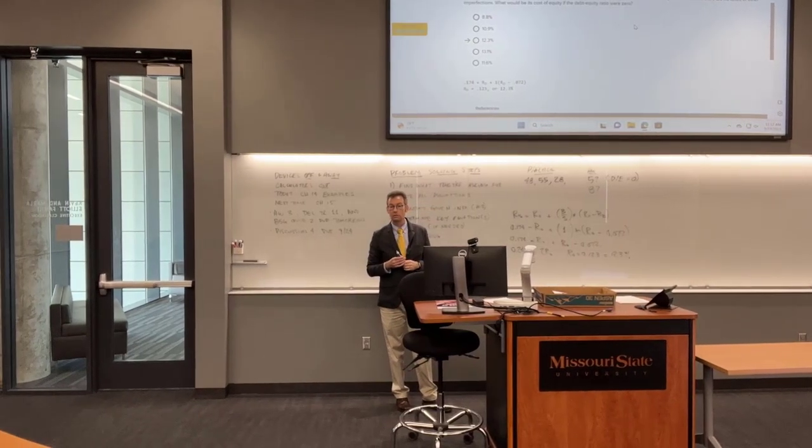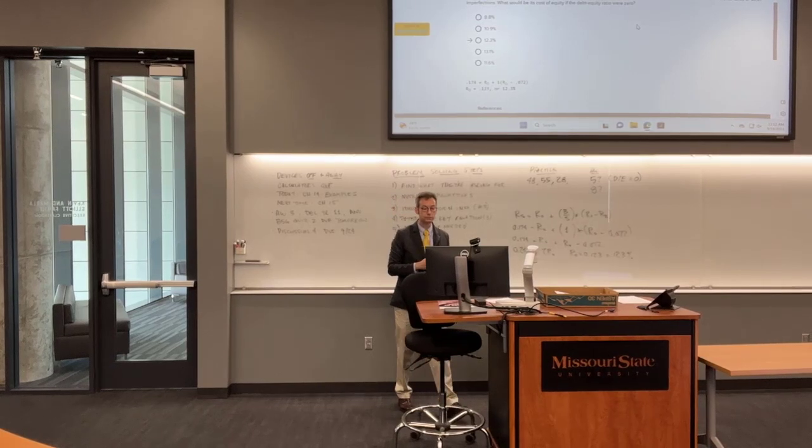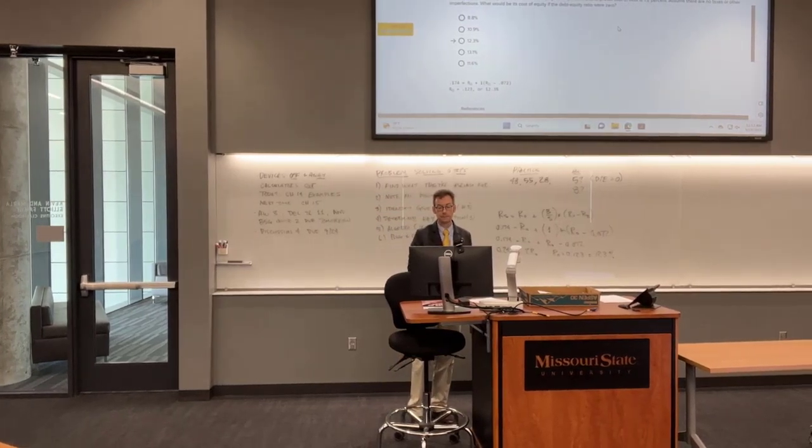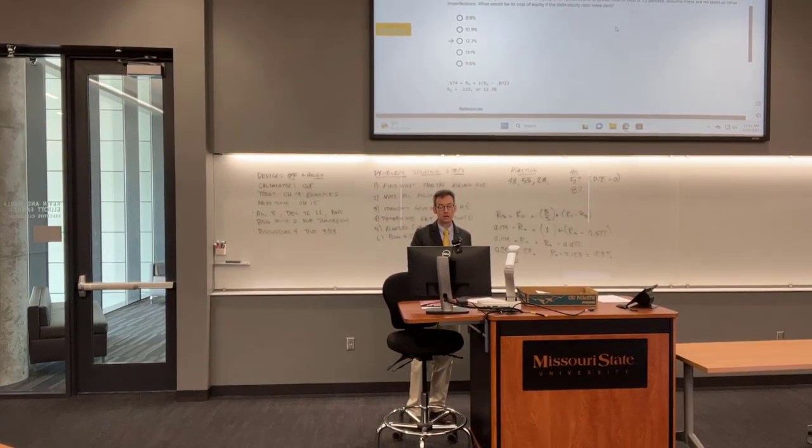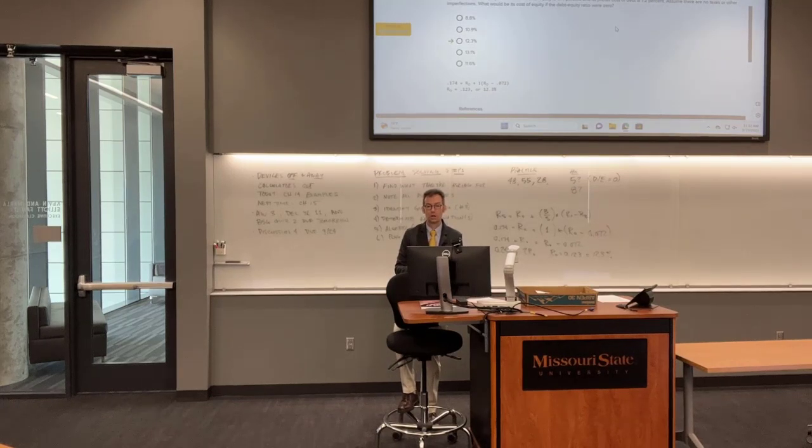I'm kind of confused about the wording. R sub S is the cost of levered equity, whereas R sub 0 is the cost of unlevered equity. How do you tell the difference? The way that I'm reading it, it says if the debt to equity ratio is 0, is that levered equity or unlevered equity?